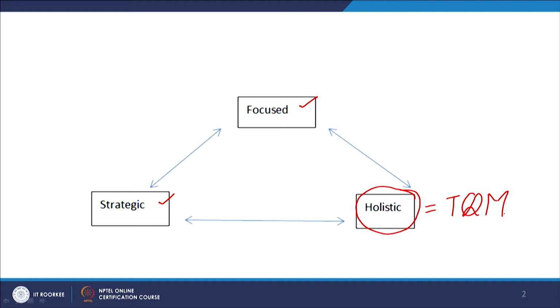Now, when I say that we need to have a focused vision for quality, what do I mean by this focused vision? Focus is required in quality with respect to targeting specific market segments, that for a particular segment, what type of characteristics are required.